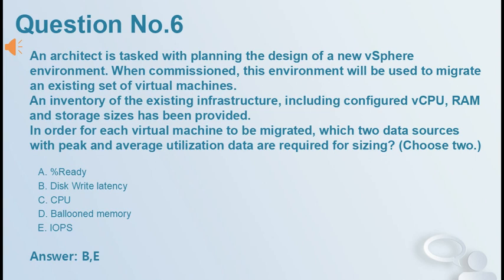In order for each virtual machine to be migrated, which 2 data sources with peak and average utilization data are required for sizing? Choose 2. A. % ready. B. Disk write latency. C. CPU. D. Ballooned memory. E. IOPS. Answer. B, E.